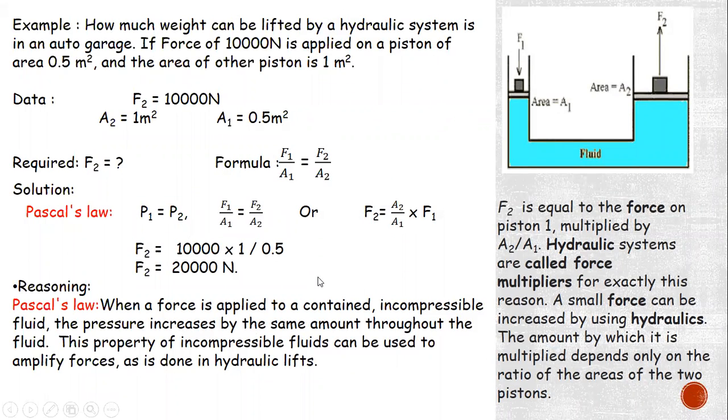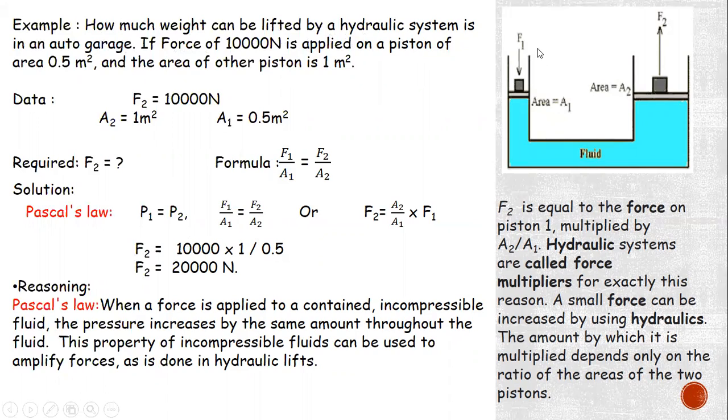Now, just to understand how these are force multipliers or magnifiers, and how they magnify the force, we can clarify numerically how much weight will be lifted by a hydraulic system in an auto garage.